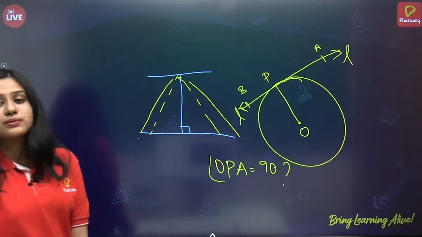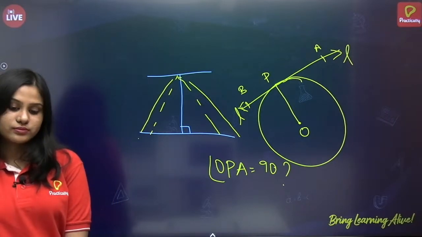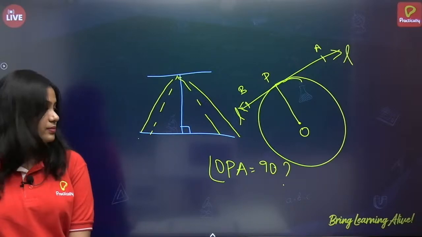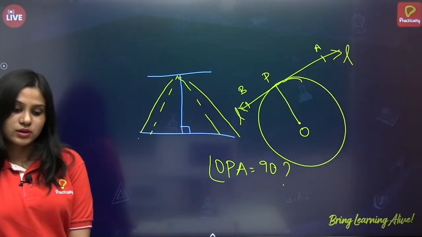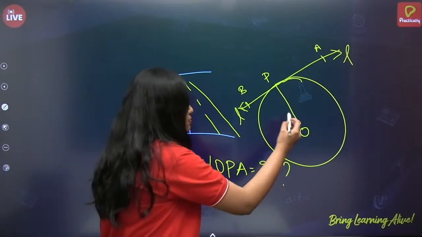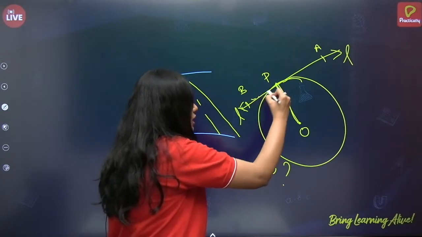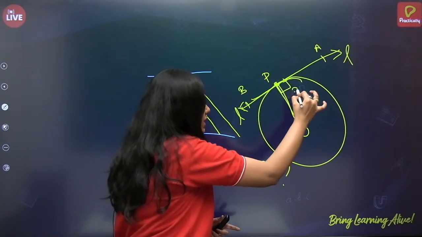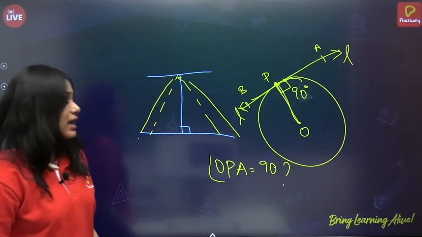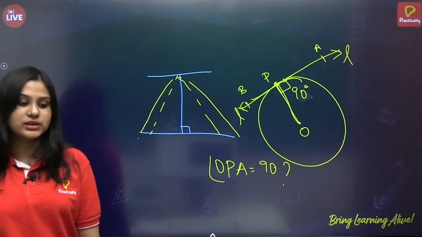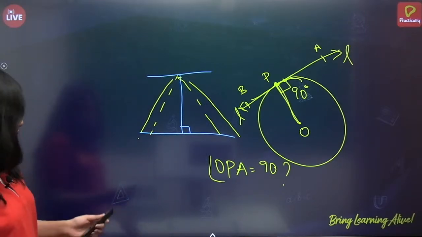Answer in the comments. Of course, I can tell it is correct. Why? Because we proved that this radius is perpendicular to the tangent at the point of contact. So, this is 90 degrees. Therefore, I can absolutely tell that angle OPA is equal to 90 degrees. Yes, very good. Correct. Right.